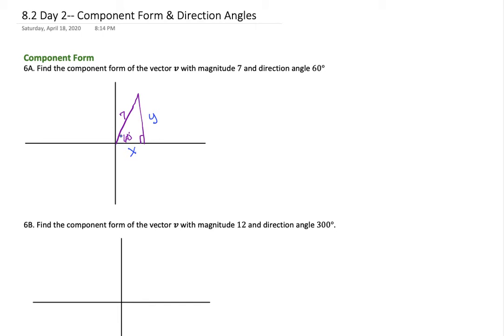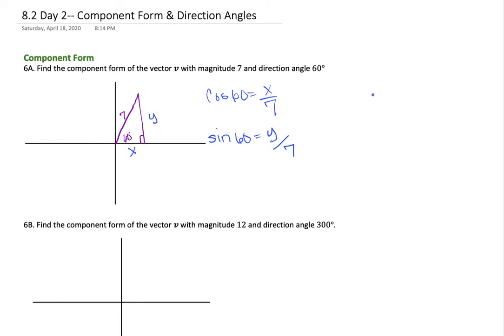So we've got adjacent over hypotenuse. So I have cosine of 60 equals x over 7. And then I have opposite over hypotenuse, so I have sine of 60 equals y over 7. Now, you have these somewhere, and I guess I didn't dig them back up for you, but they are in your notes, or I'm sure you can Google search them.